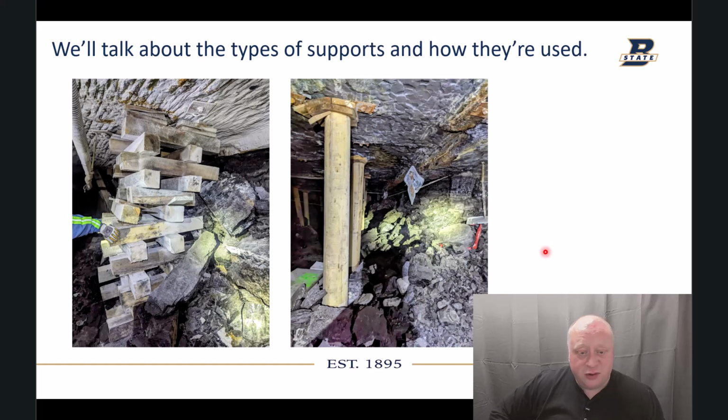The types of supports, I know I just mentioned the prop setters, and you can see this one also has a wedge at the top. It's common to set posts with a wedge, and I don't know that that's necessarily what this one is doing, because it's in there pretty far. But if you only put it in a little ways, you just kind of tap it in, it can be used as an indicator, right, to show if that post is loading up.